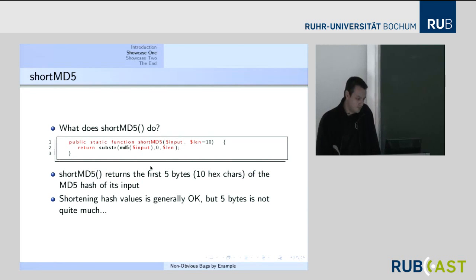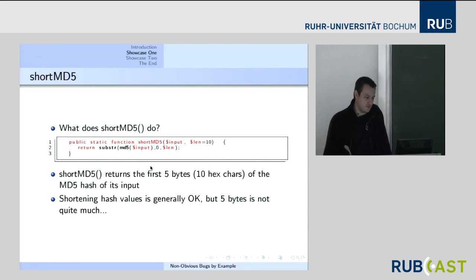Okay, we have seen the code, this shortMD5 function, which I told you does some MD5 hashing. So what they actually do in shortMD5 is they compute the MD5 of their input, and then they build a substring. And by default, here the len parameter has a default value of 10. They select 10 hex characters, which is 5 bytes, which is 40 bits.